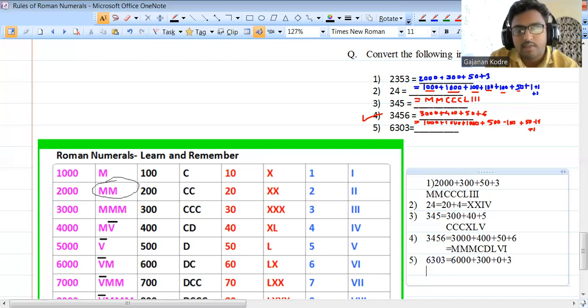Yes, 6000 is V bar M. For 300, it is CCC. For 0, no symbol, and for 3, III. So here you just have to put the V bar.